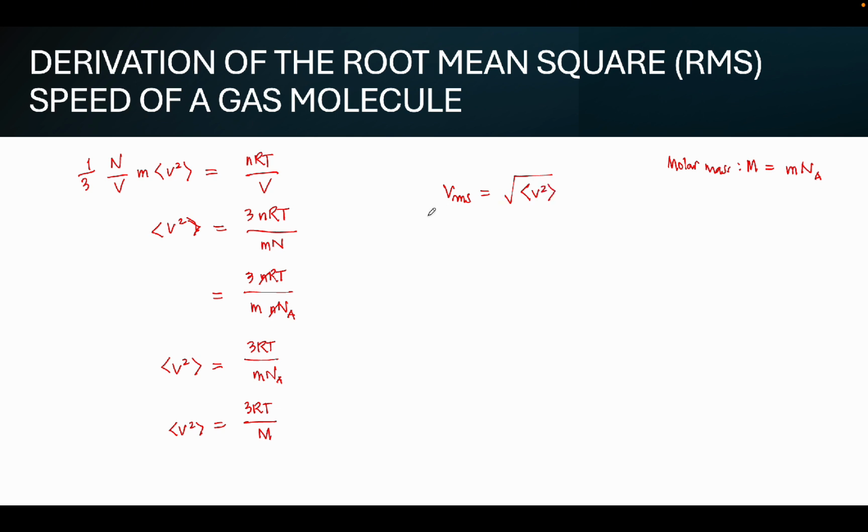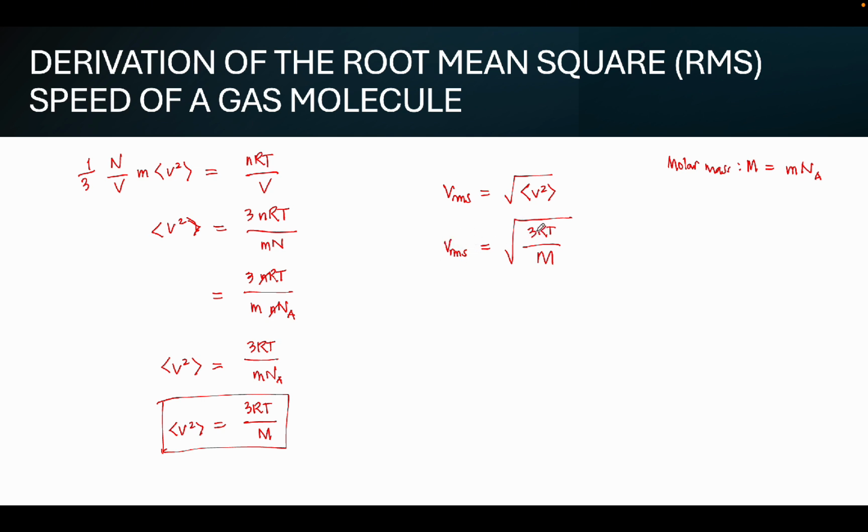So if we substitute this value into the formula for the root mean square speed, this becomes the square root of 3RT over M. So the formula for the root mean square speed is equal to the square root of 3 times R times T divided by M. So again, this is the root mean square speed.